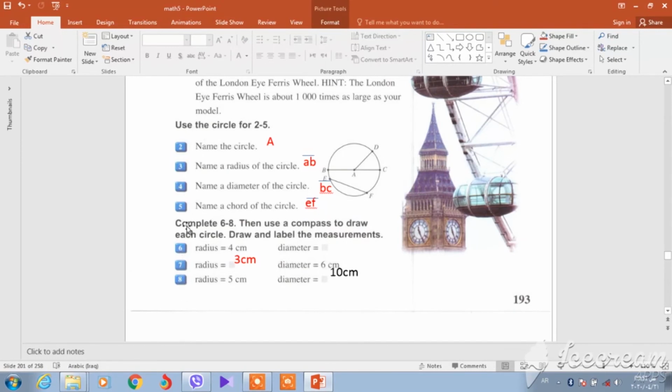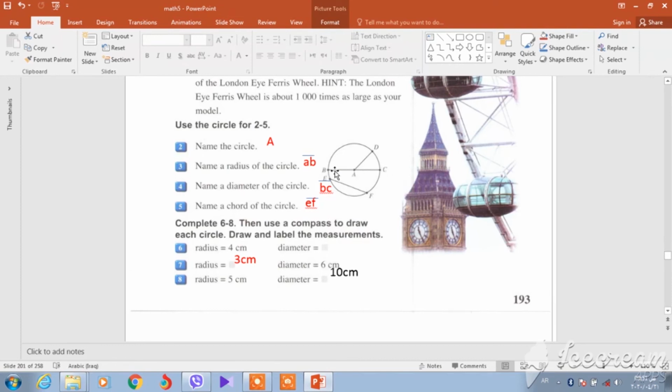Complete 6 through 8. Then use a compass to draw each circle. Draw and label the measurements. Number 6, the radius equals 4 centimeters. What about the diameter? Look, for example, in this circle, the radius equals 4. AB is a radius equal to 4 centimeters. What about the diameter? It means BC.